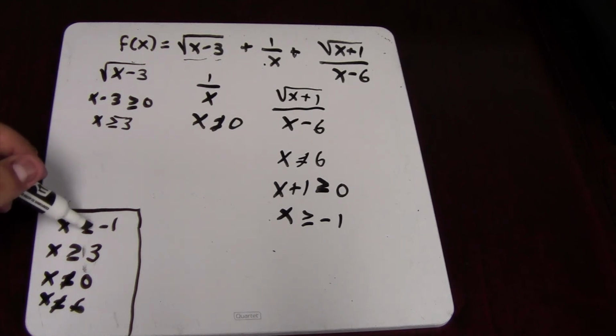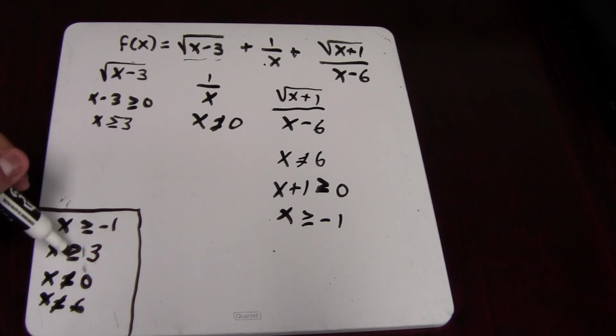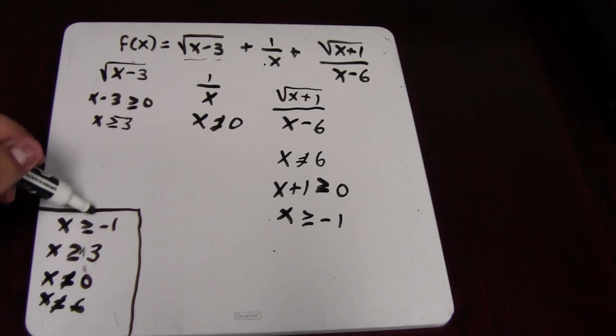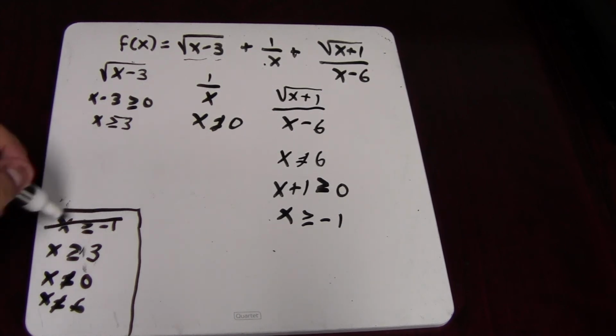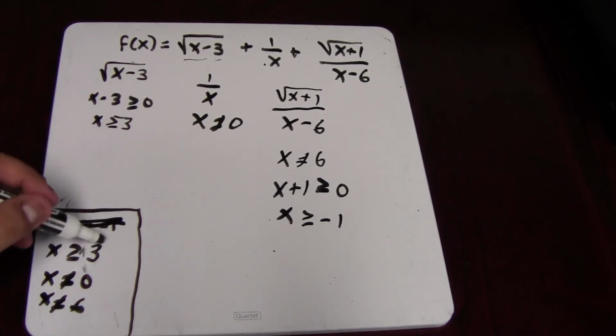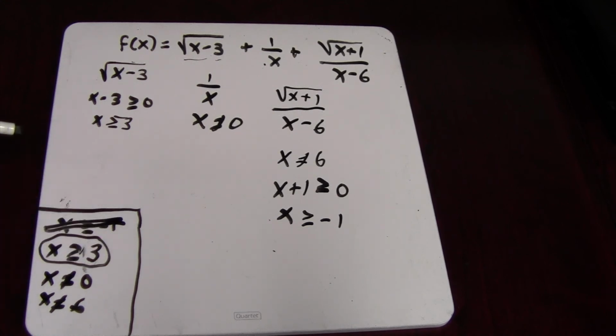X needs to be greater than or equal to negative 1, but x also needs to be greater than or equal to 3. So the only way that these two are satisfied is if we just go with this one right now. X needs to be greater than or equal to 3.